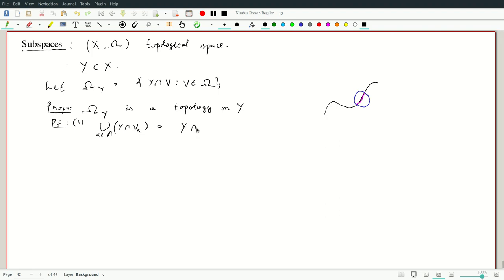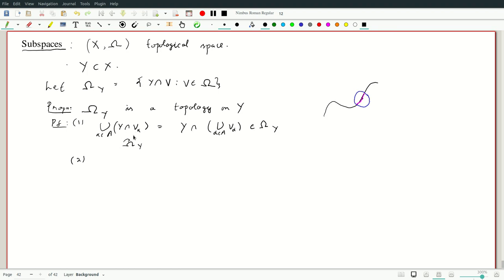So this is Y intersection the union over alpha in A of V_alpha, and this is in omega_Y. So if I took elements in omega_Y and took their arbitrary union, it would also be in omega_Y.